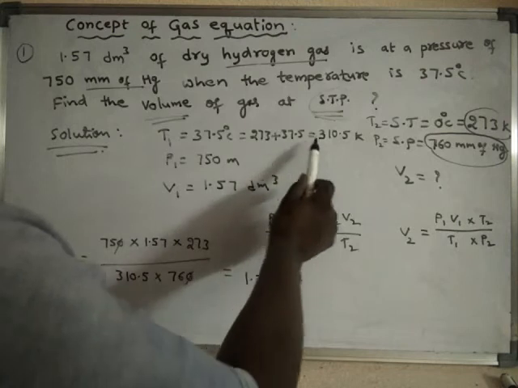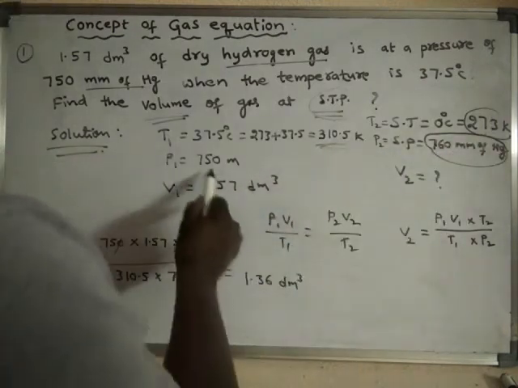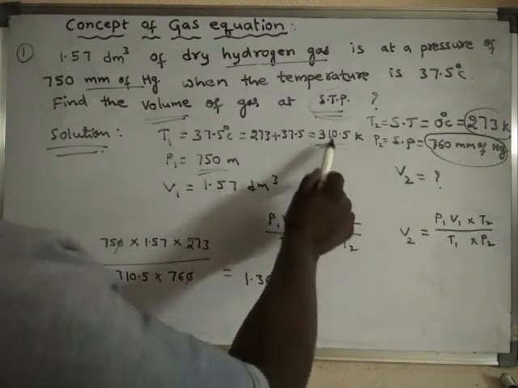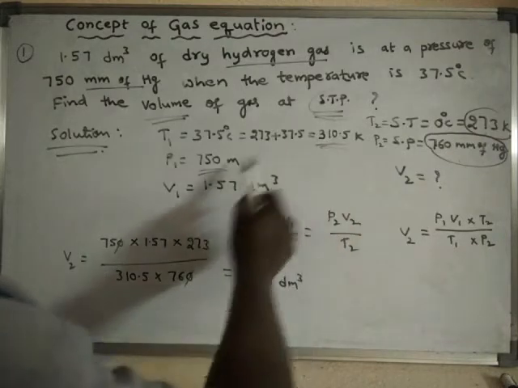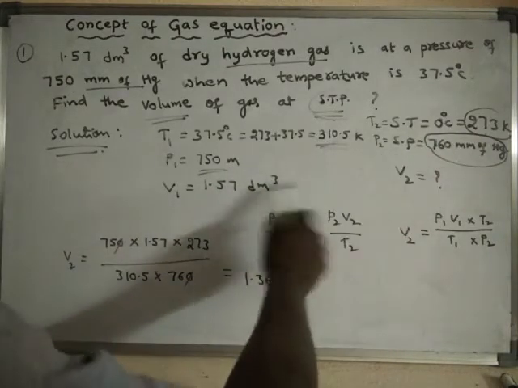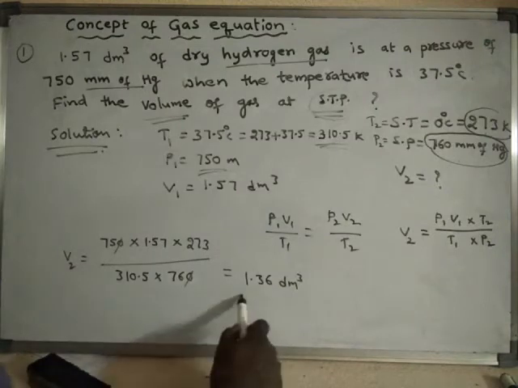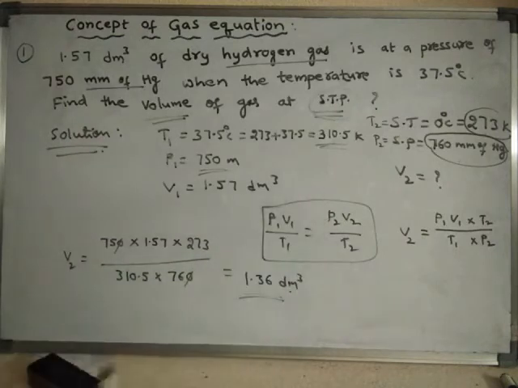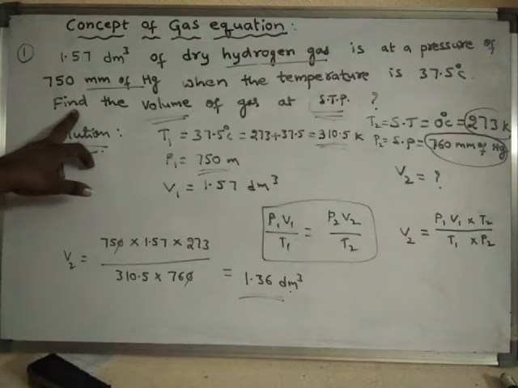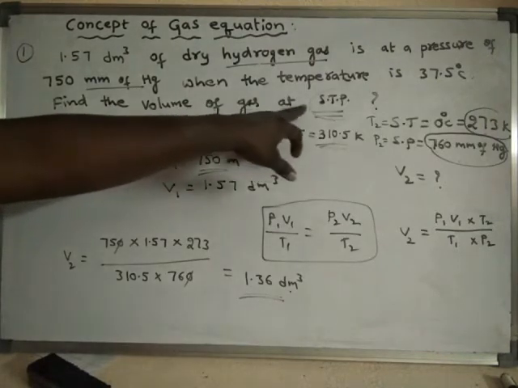See here, both temperature and pressure are changed. When both temperature and pressure are changed, there will compulsorily be a change in volume. Depending upon the values, you will get the volume as 1.36 decimeter cube by following the combined gas equation. In this question we have to find the volume of the gas at STP.